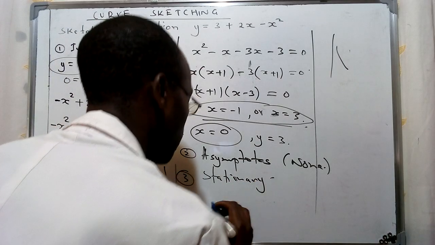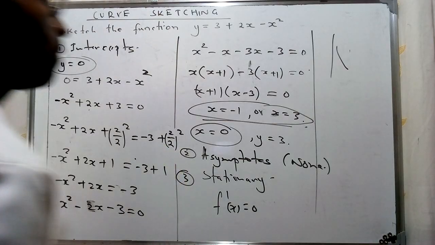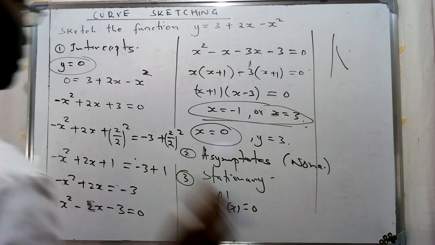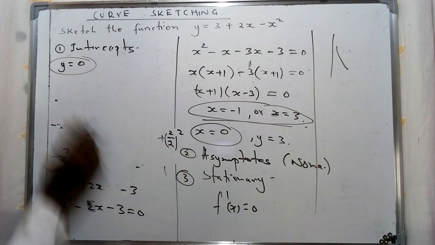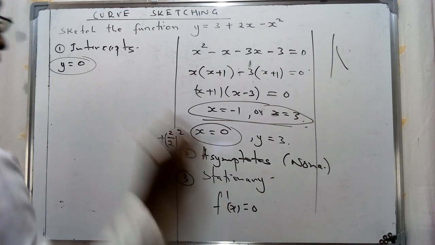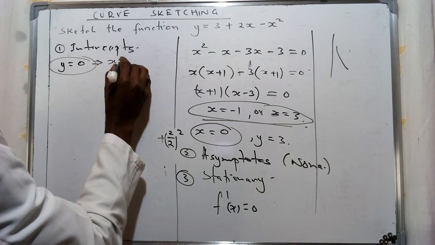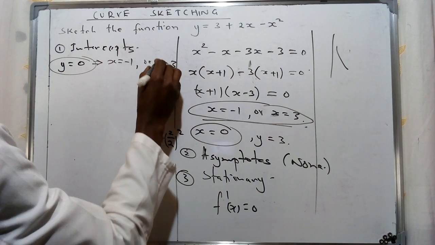For stationary points, we had said that we're going to have f prime of x equivalent to 0. So we shall perform an evaluation to obtain f prime of x. Since we have found the values of x for the intercepts, this implies that x is equivalent to negative 1 or x is equivalent to positive 3.